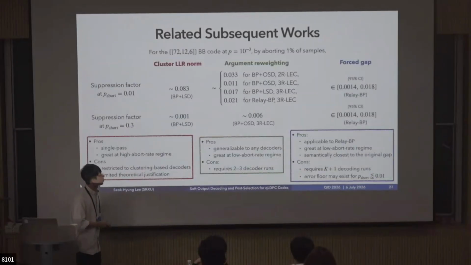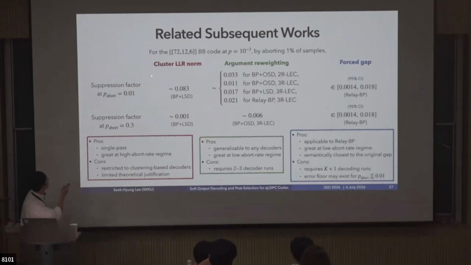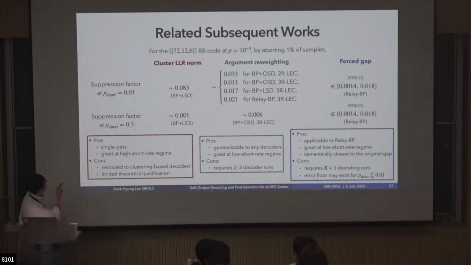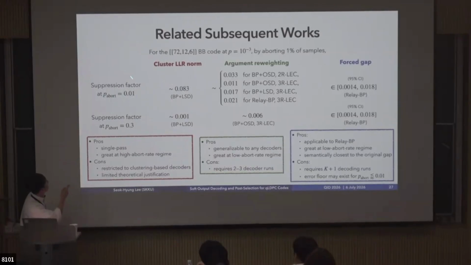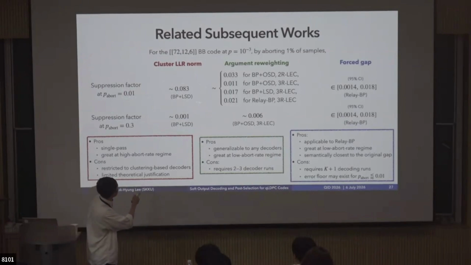And here is a performance comparison between them. It shows that at a given abort rate, how much the logical error rate is suppressed compared to the baseline, or the no post-selection case. When the abort rate is 1%, the clustering method shows the worst performance among these three.